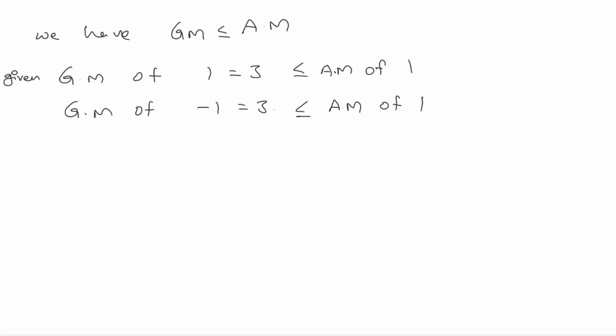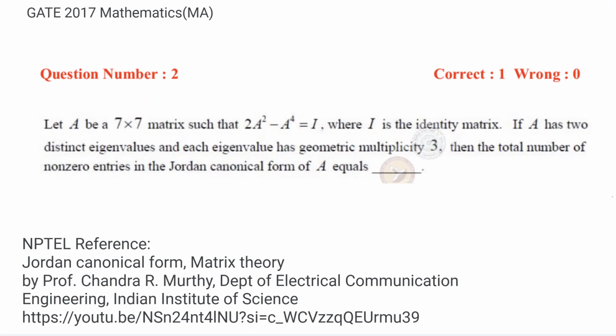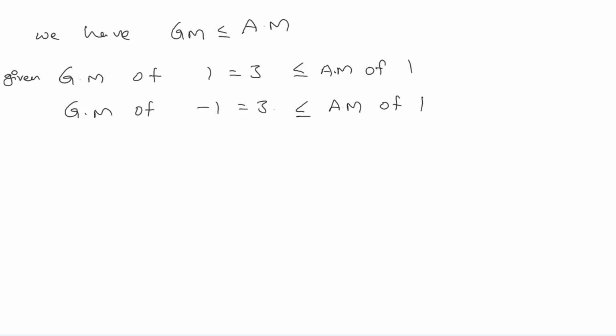And since A is a 7 cross 7 matrix, what we can observe from these conditions is that the algebraic multiplicity of the eigenvalue 1 is at least 3, and the algebraic multiplicity of the eigenvalue minus 1 is also at least 3.